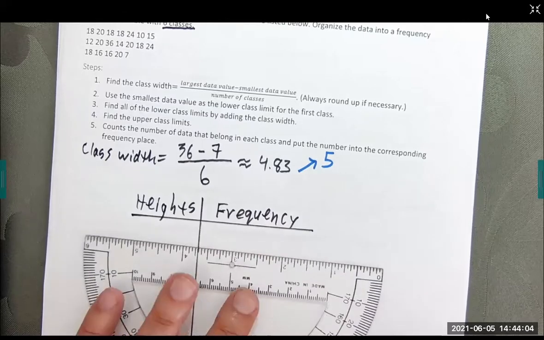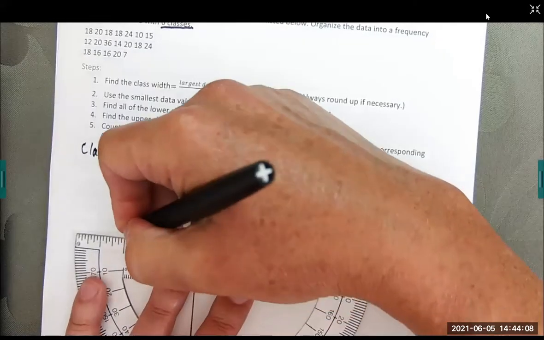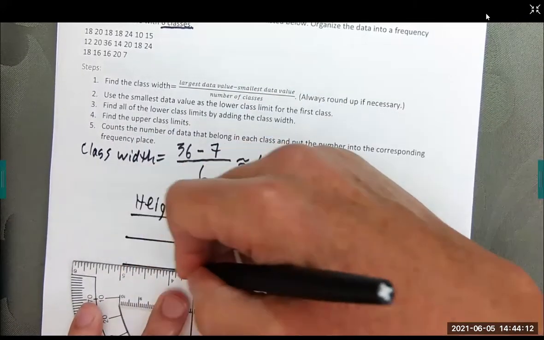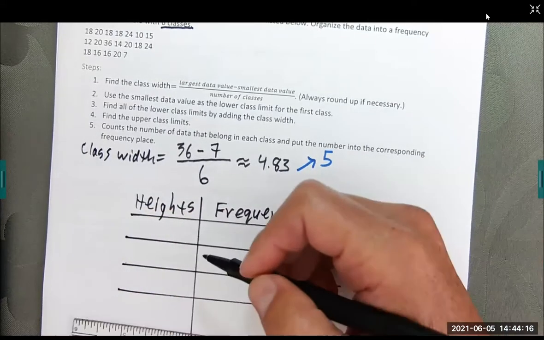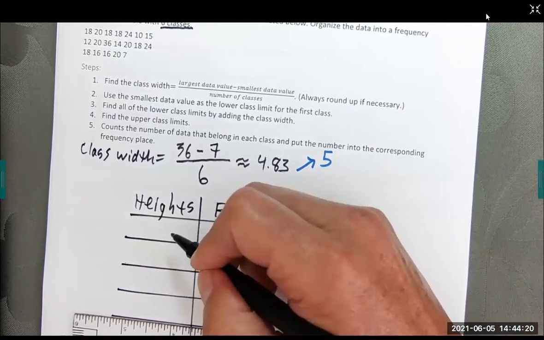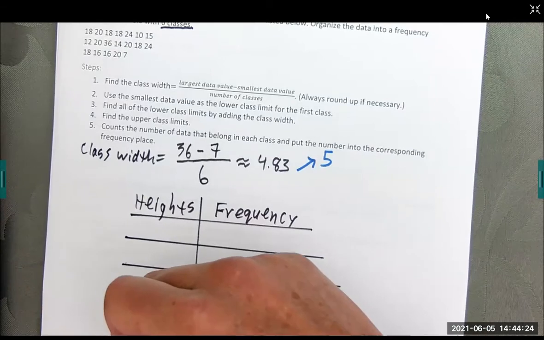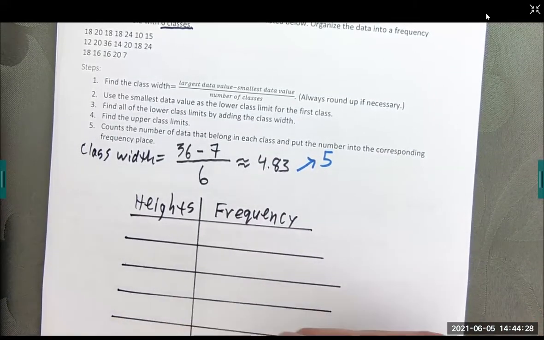And there are going to be 6 classes. One, two, three, 4, 5, 6.